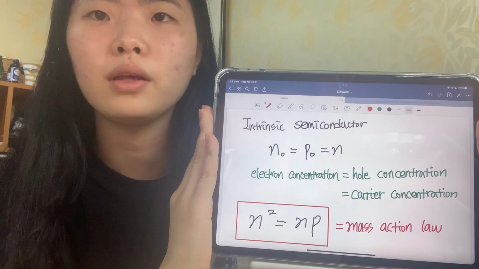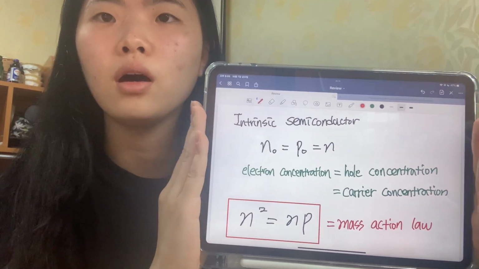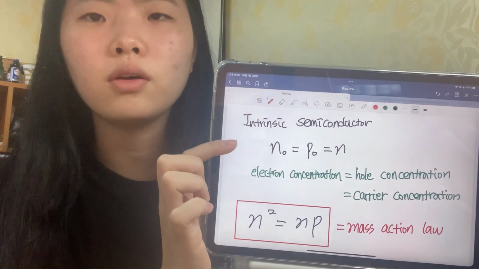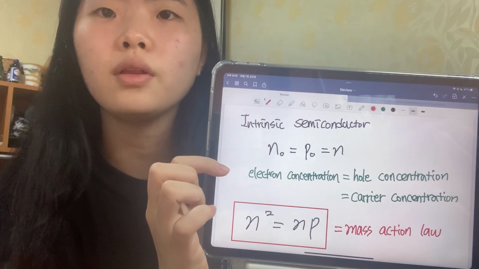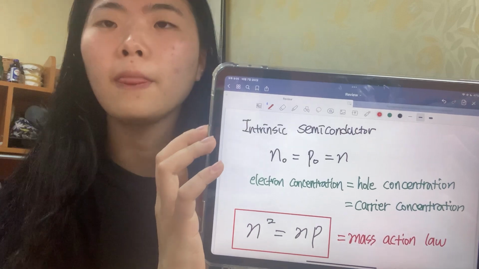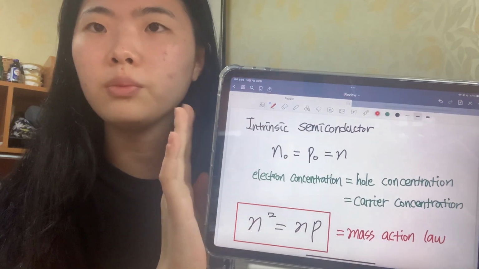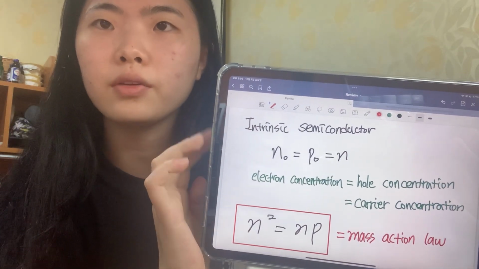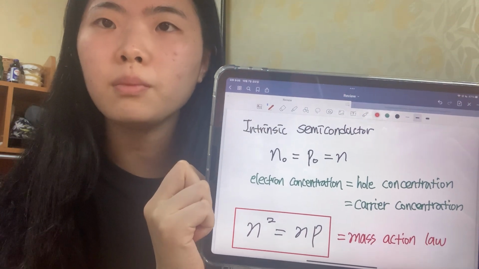Then let's talk about intrinsic semiconductor. In this concept, electron and hole concentrations are the same, because if an electron moves to another place, the electron makes a hole.